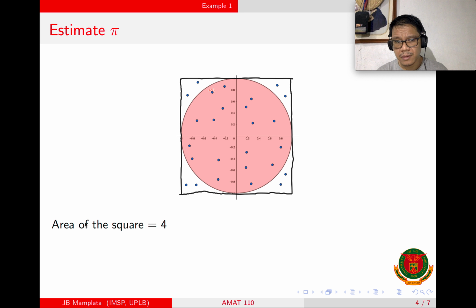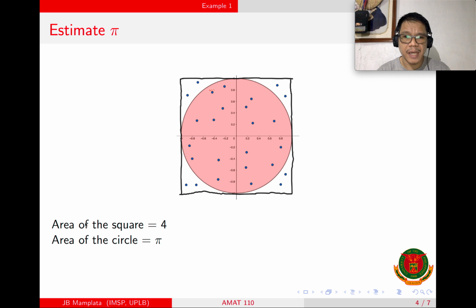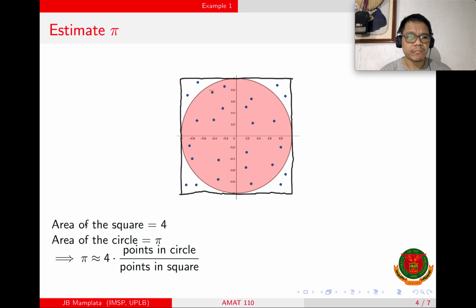We know, based from this, that the area of the square is 4 because the side of the square is 2. Okay? And the area of the circle is pi. Okay? And since the area of the square is 4 and the area of the circle is pi, this is how we will estimate now the value of pi.